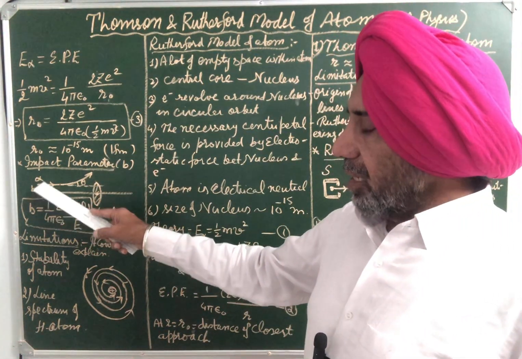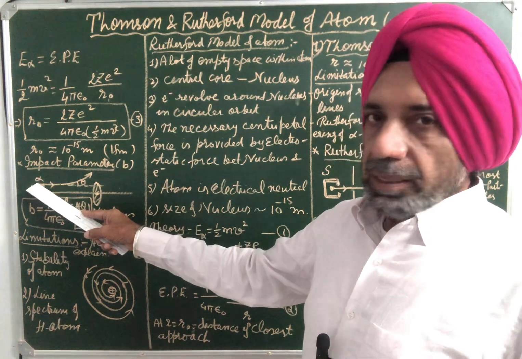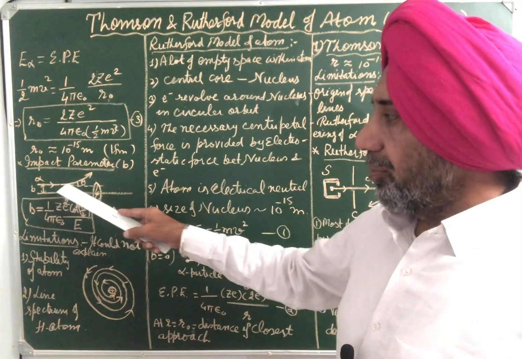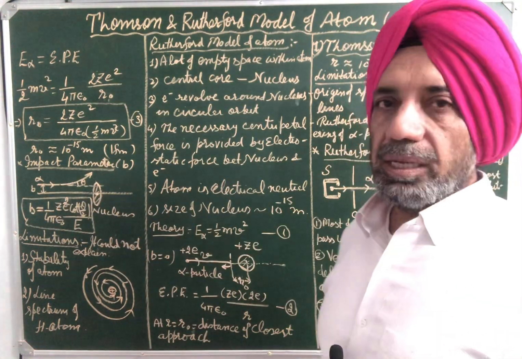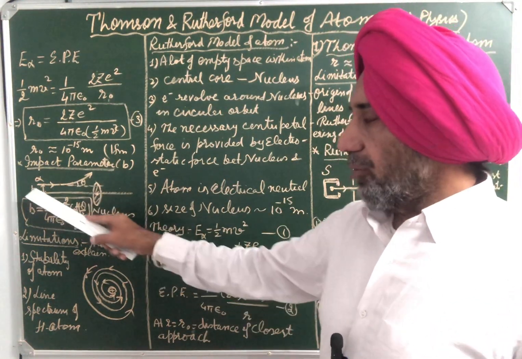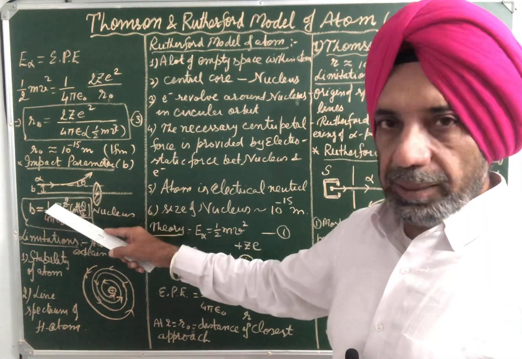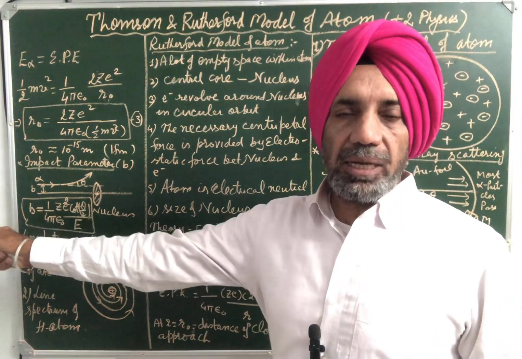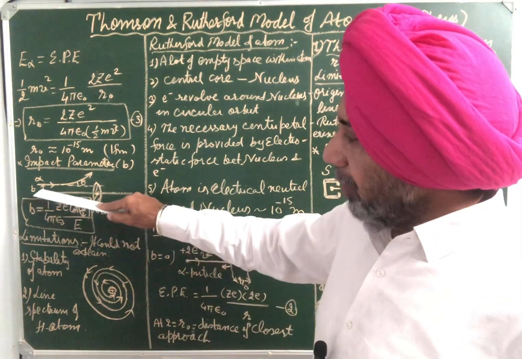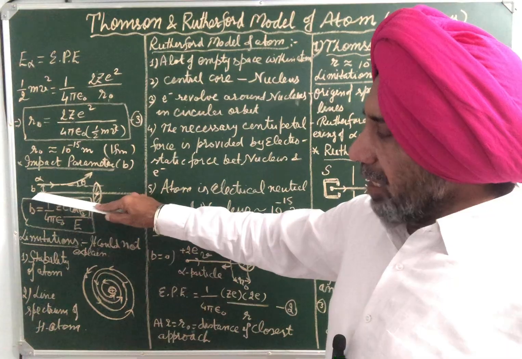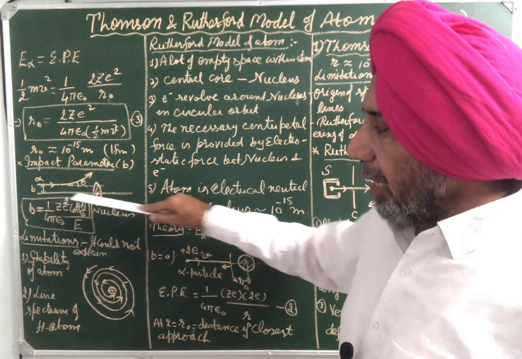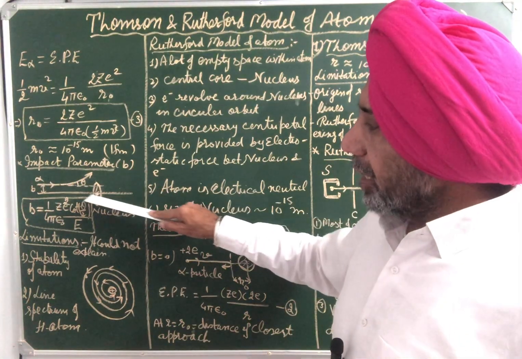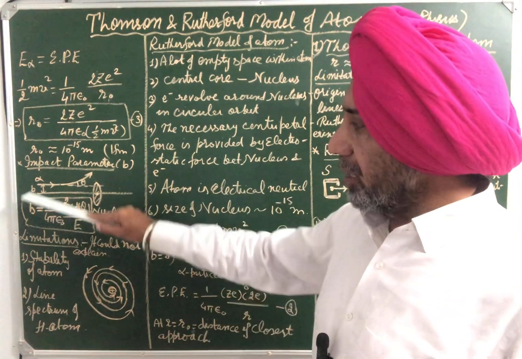But when it is at a certain distance, the distance of the initial direction of the velocity of the alpha particle from the center line, when the alpha particle is far away from the nucleus, is called the impact parameter. This means the perpendicular distance between the center line and the direction of velocity of the alpha particle when it is far away from the nucleus is known as the impact parameter.